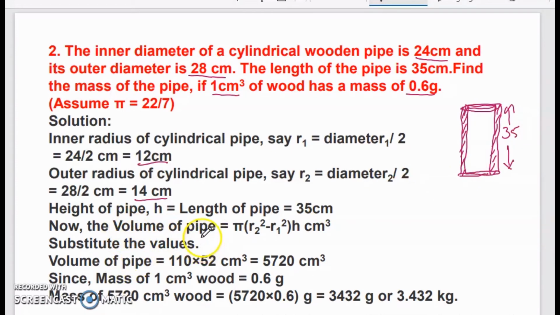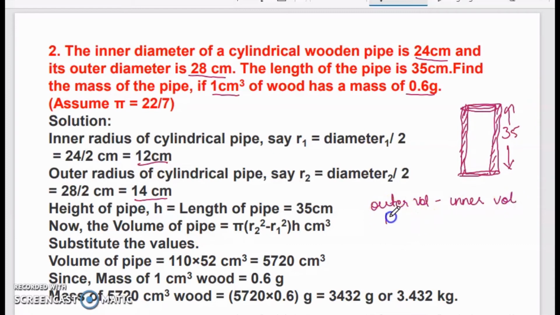So if you take R2 as the outer radius, and R1 as the inner radius, it will be outer volume minus inner volume.